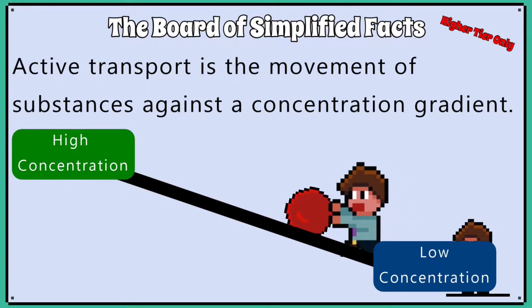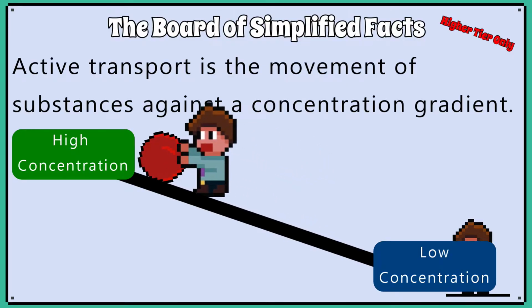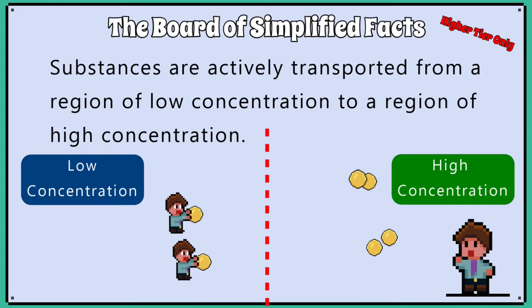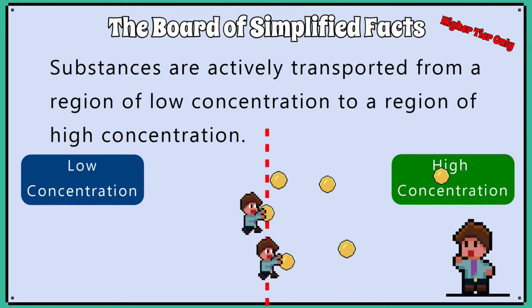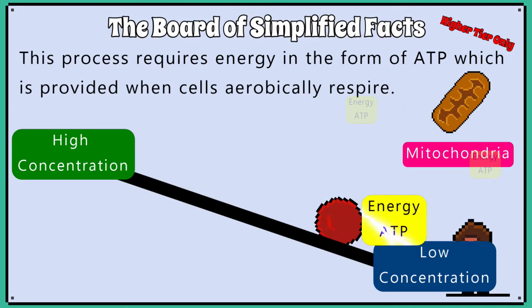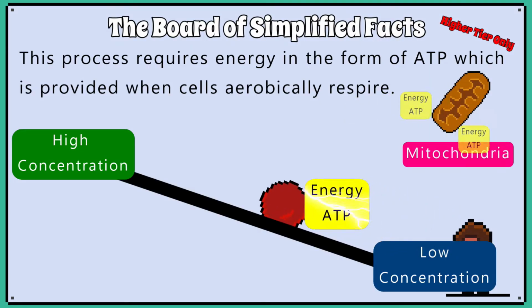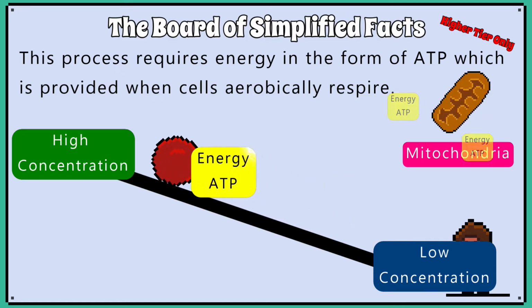Active transport is the movement of substances against a concentration gradient. Substances are actively transported from a region of low concentration to a region of high concentration. This process requires energy in the form of ATP, which is provided when cells aerobically respire.